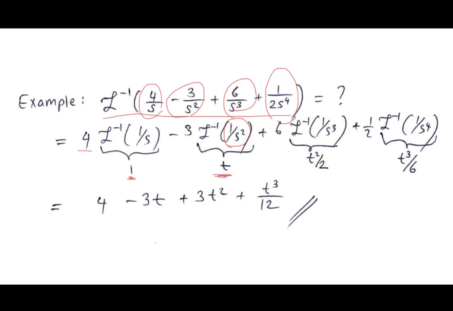And similarly, the inverse Laplace transform of 1 over s cubed, we know that this will be given as t squared over 2. And then similarly, for the 1 over s to the power 4, we have t cubed over 6. And now once we calculate it for each term, then just combining them, we can see the result should be equal to this expression.